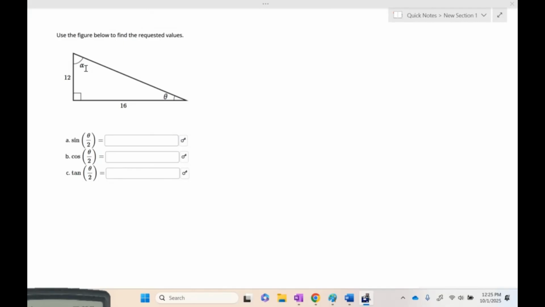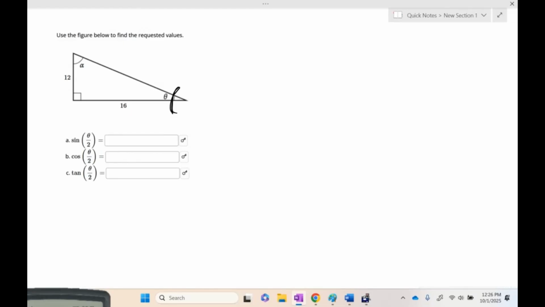We have two angle measures. There is theta and alpha. This time they want the half angle for the sine of theta, the cosine of theta, and the tangent of theta. So when we label our sides here, we're going to use theta as the reference angle.